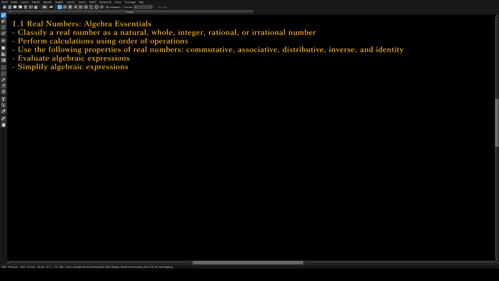As we go through each one of these, I'll be checking each one to let you know that at this point we have basically learned how to do each of these objectives. But let's get started. Okay, so I'll be removing that.